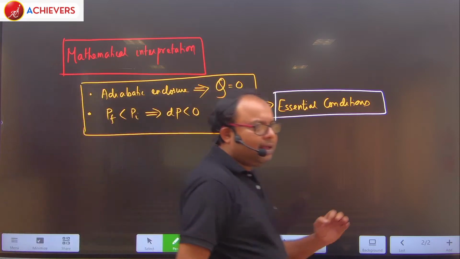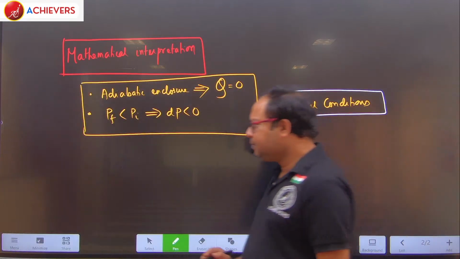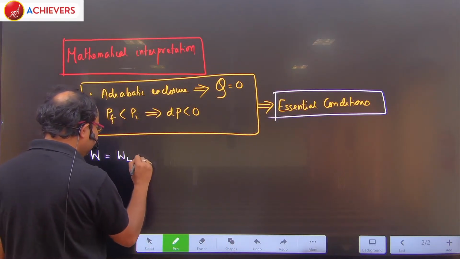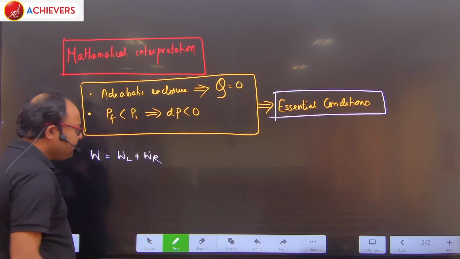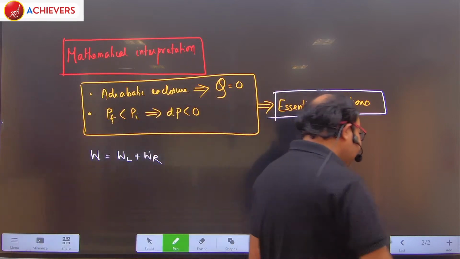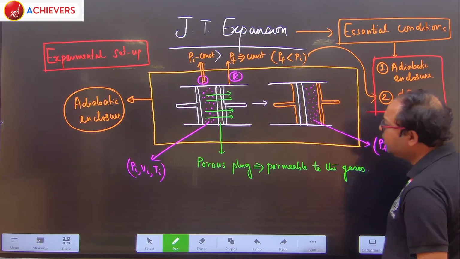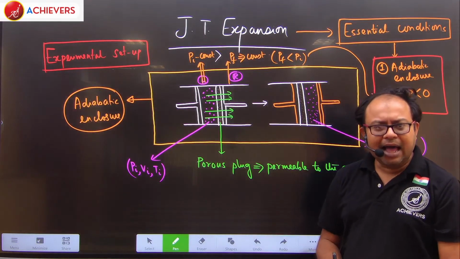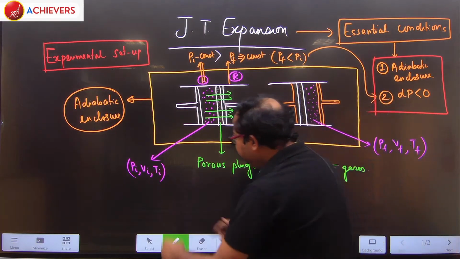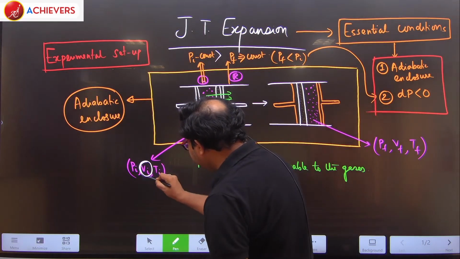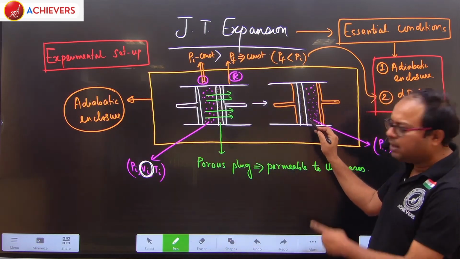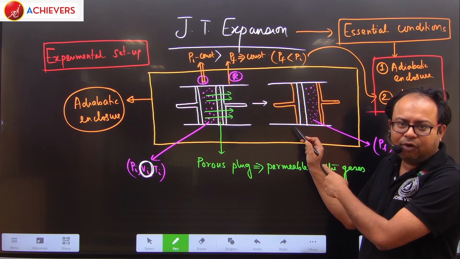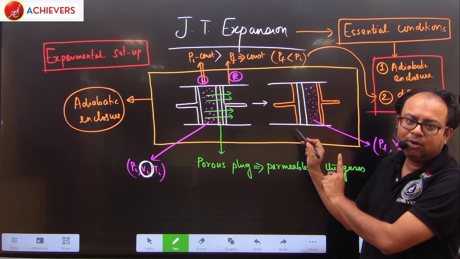Now you have to calculate the work done. The work done is equal to W left plus W right. So what is happening in the left hand side? Let's check. In the left hand side, the pressure is Pi, and the volume changes from Vi, it was initially equal to Vi, and finally the left hand piston gets stuck to the porous plug, so the final volume in the left hand side becomes 0.